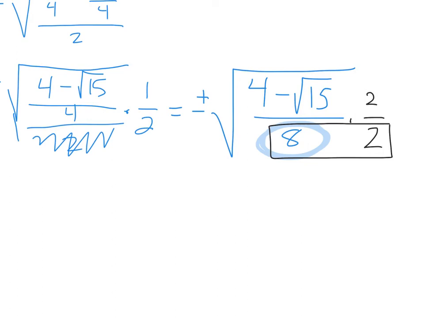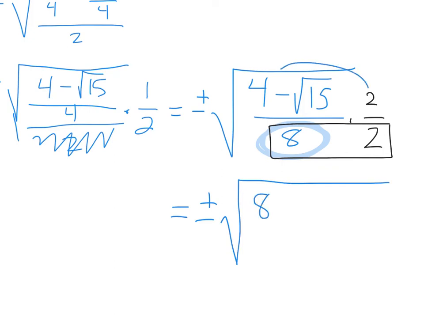Okay, so your teacher may not want you to do this, but if you're looking in the back of your book for an answer, this is definitely how they're going to write it back there. So 2 times 4 is 8, minus 2 roots of 15, all divided by 16.